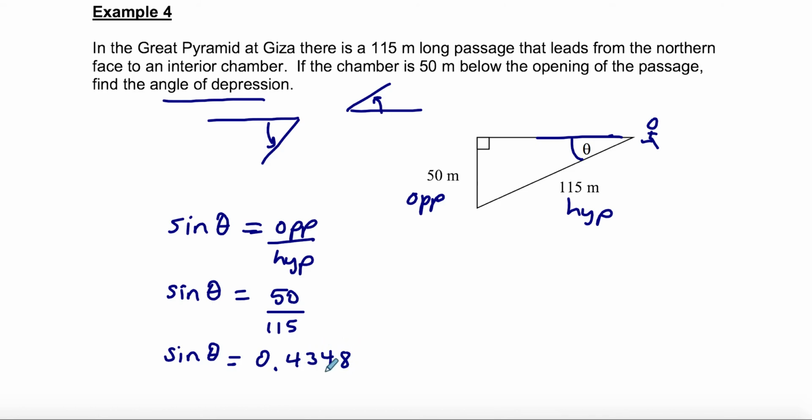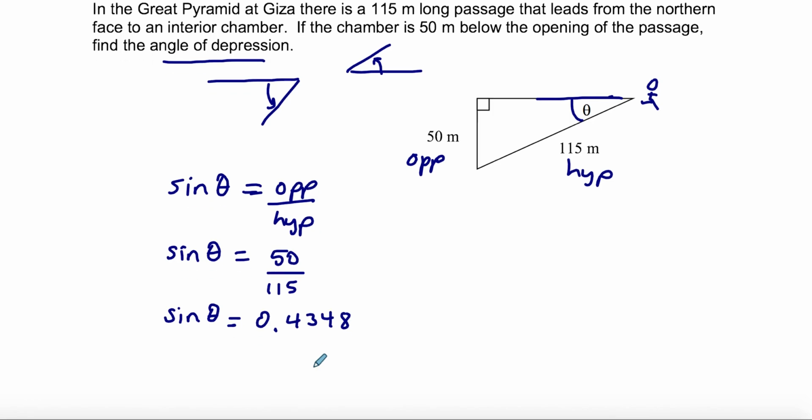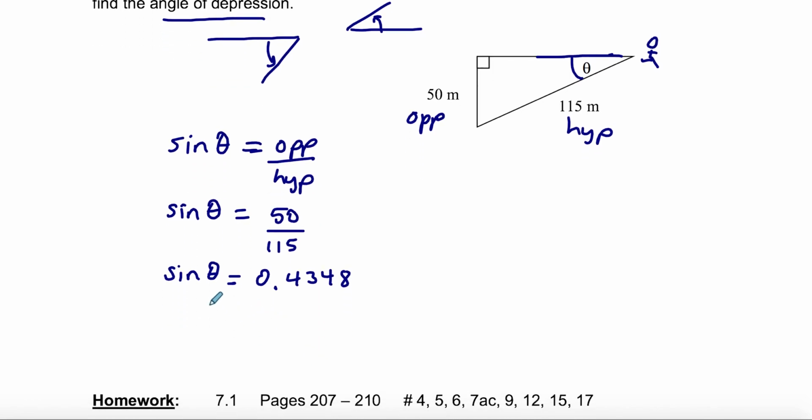Remember that we're using 4 decimal places usually in trigonometry, so we get a nice accurate answer. So the angle theta, this is how we usually write it: it's the inverse sine of 0.4348.